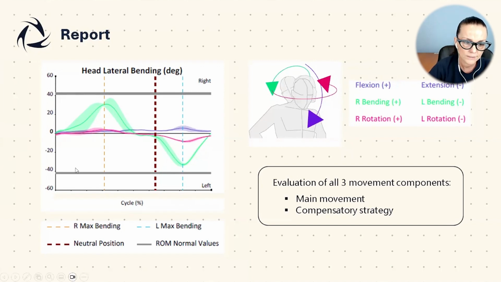These horizontal gray lines identify the range of angular excursion for the normal reference group with which the patient is compared, consistent with the age of the patient, like you saw in the video.